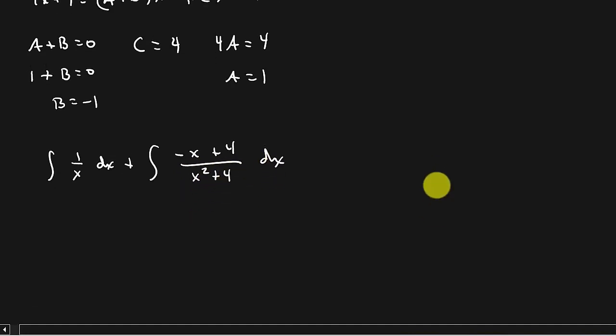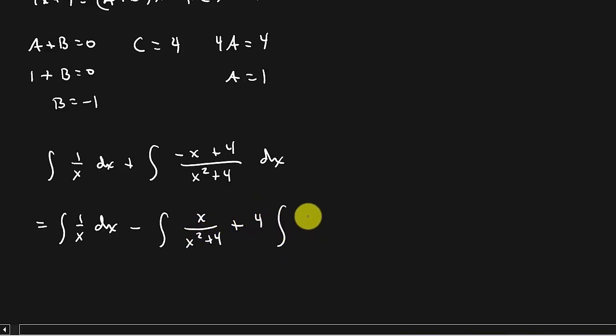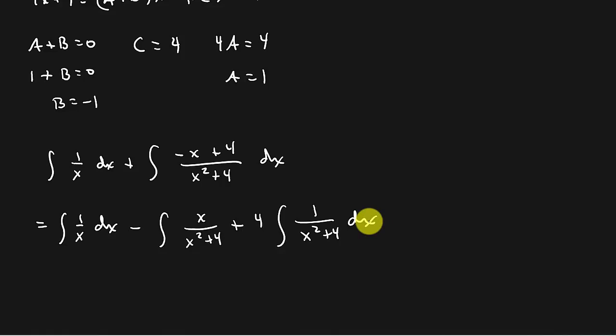So what I'm going to do here is split this up. So that's the integral of 1 over x dx minus the integral of x over x squared plus 4 dx plus 4 times the integral of 1 over x squared plus 4 dx. Okay, so I plugged everything in.